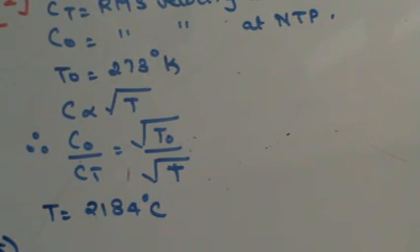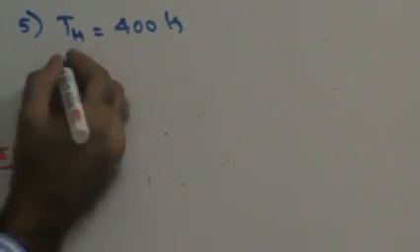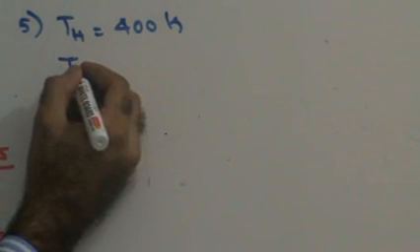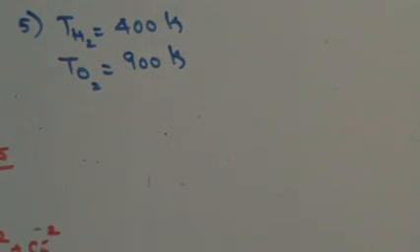Compare the RMS velocity of hydrogen at 400 Kelvin with the RMS velocity of oxygen at 900 Kelvin.